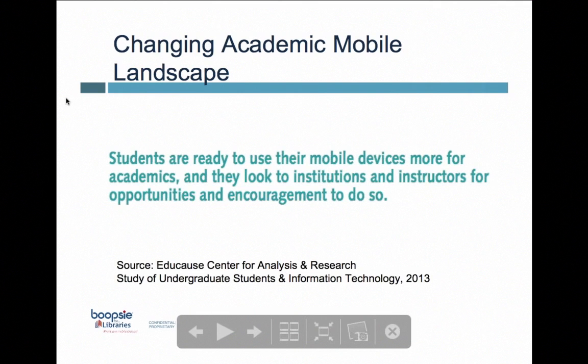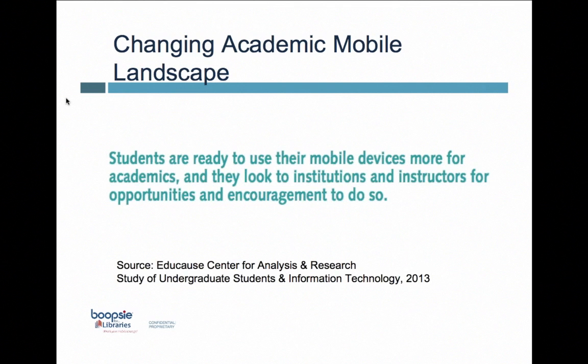So today I just wanted to highlight that there is a changing academic mobile landscape. More and more, students are ready to use their mobile devices for academics. They're looking to their instructors, to their libraries, really to their institutions for opportunities to do so. They have all of these devices, they're using them all the time. The question is, how can they leverage these devices to achieve academic success?